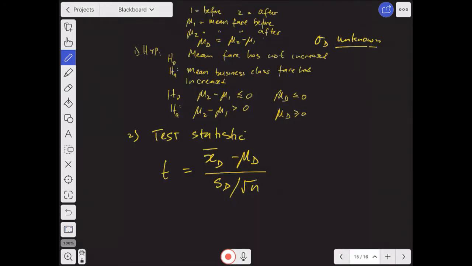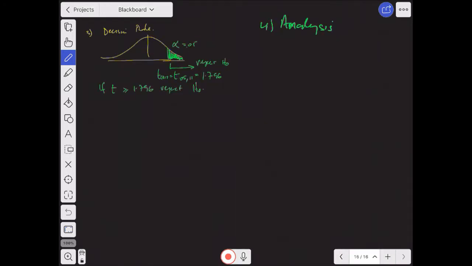So going back here, for our analysis, we would need X bar D, which is the sum of the differences over n. You don't have all of the data in that diagram, but I do have all of the data. It turns out that it is 276 over 12, and that's equal to 23. All right? So that's X bar D.